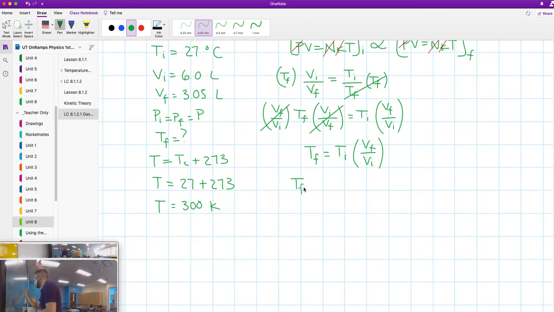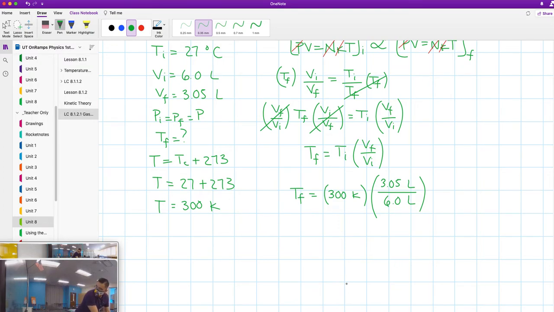Final temperature equals initial temperature, that is 300 Kelvin, times final volume, 3.05 liters divided by 6.0 liters. And 3 divided by 6 is 1/2, so I should get somewhere around 150.